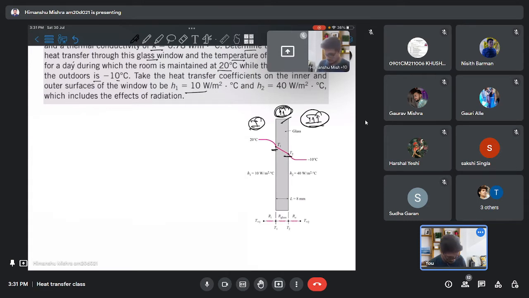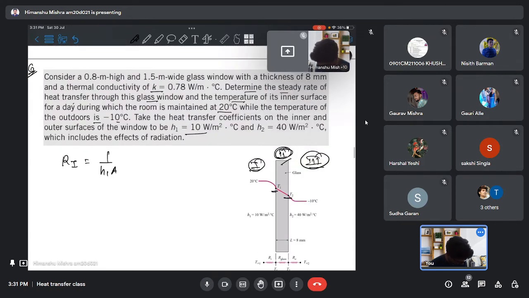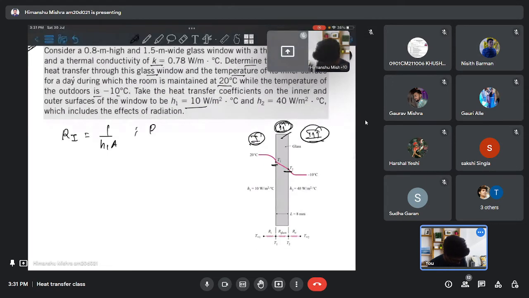So the resistance for the first region will be R1 equals 1 by H1A, R3 is 1 by H3A, and for the second region it will be L by KA.